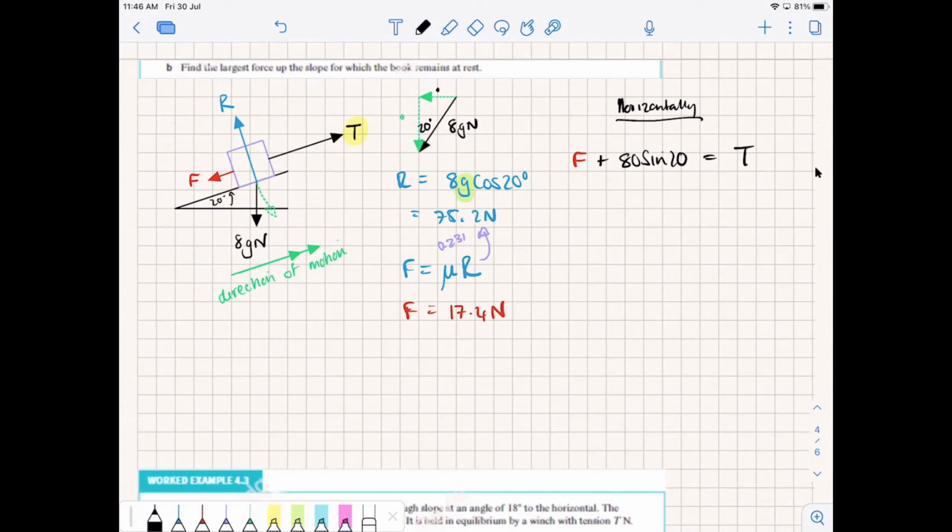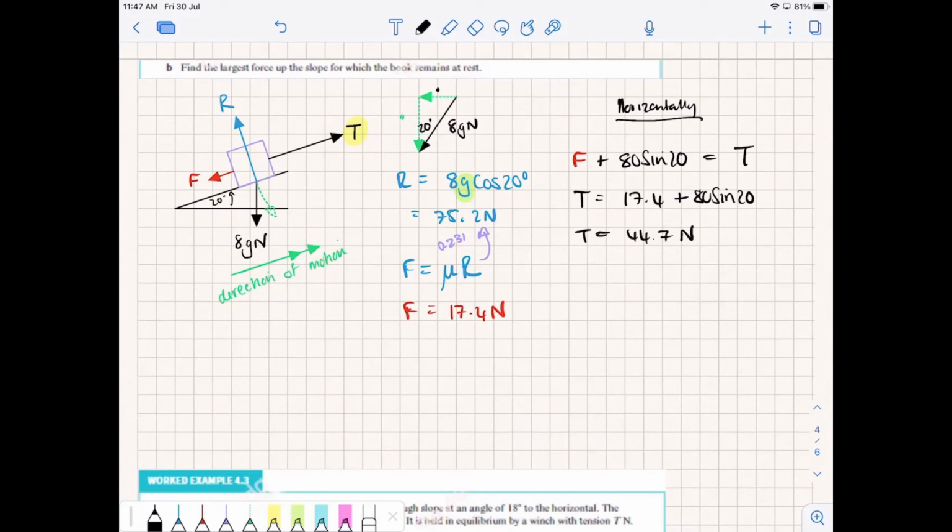And from here, we can just find T. So T will just be equal to 17.4 plus 80 sine 20, and that works out to 44.7 newtons.